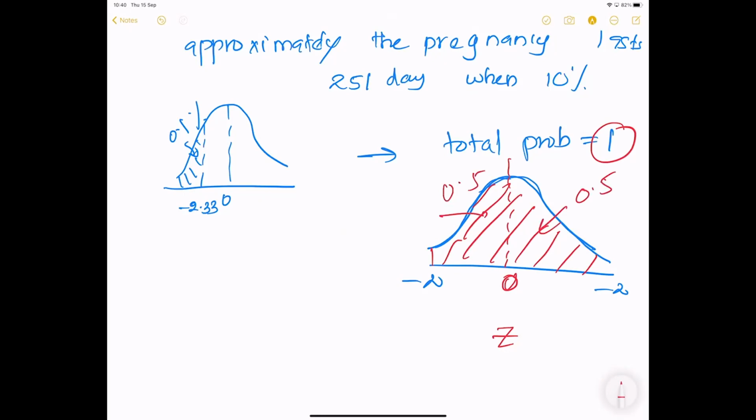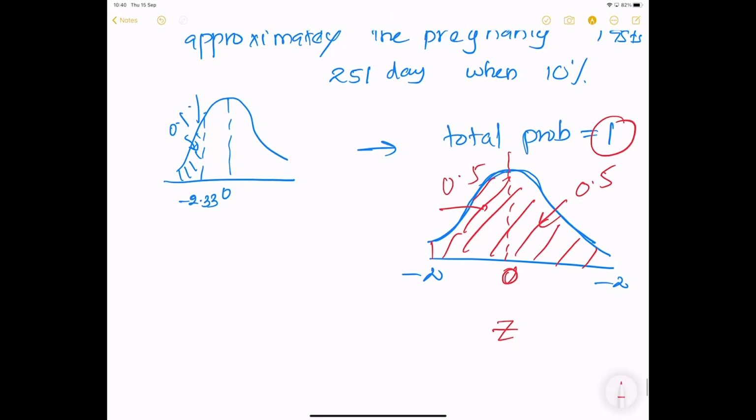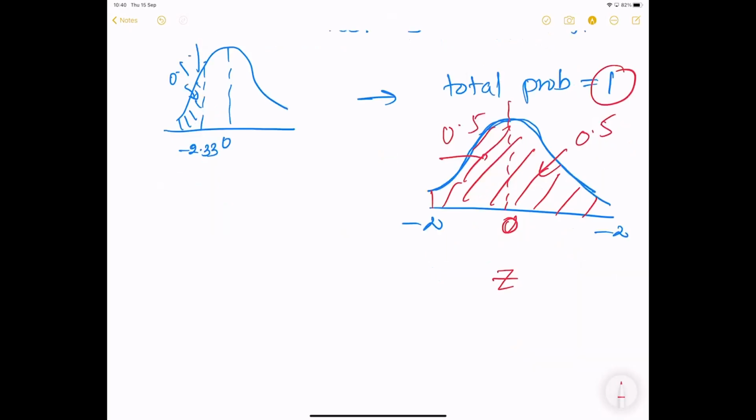But the question says the percentage is 10 percent, which means 0.1, somewhere here. This area should be 0.1. This is the area we want to find.